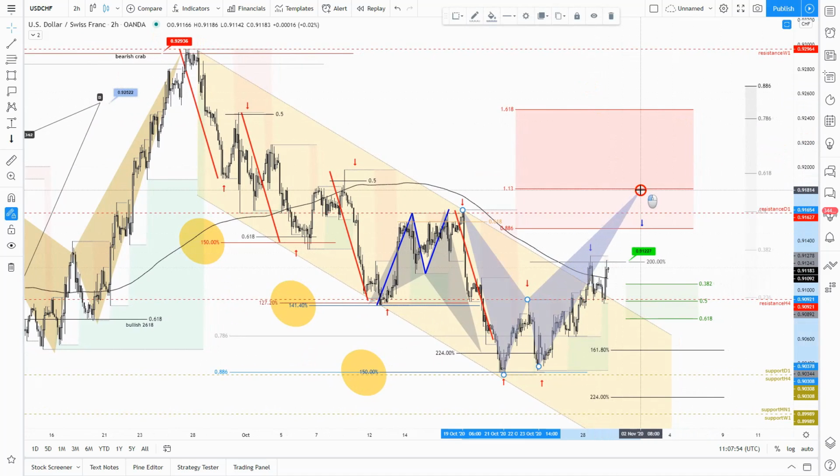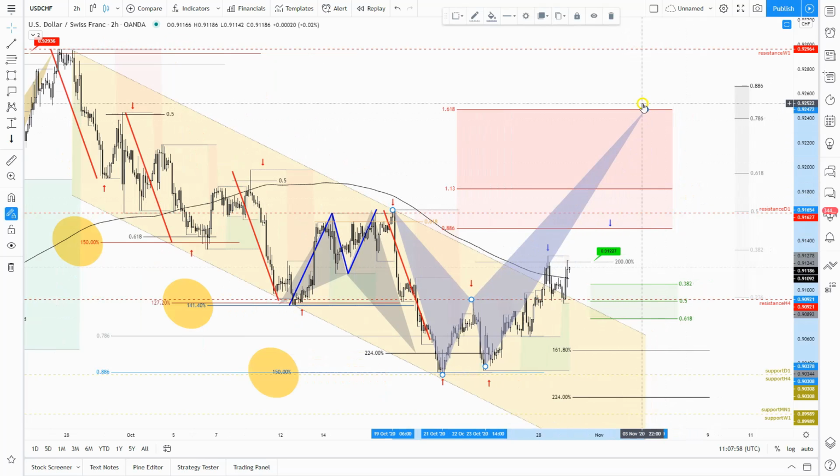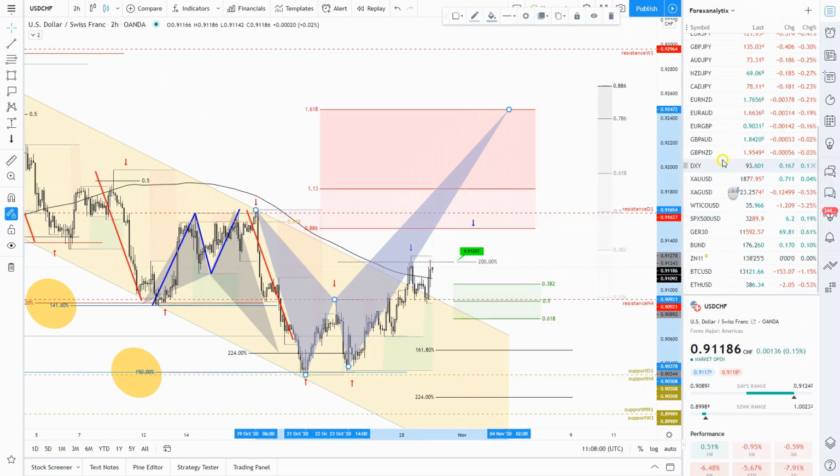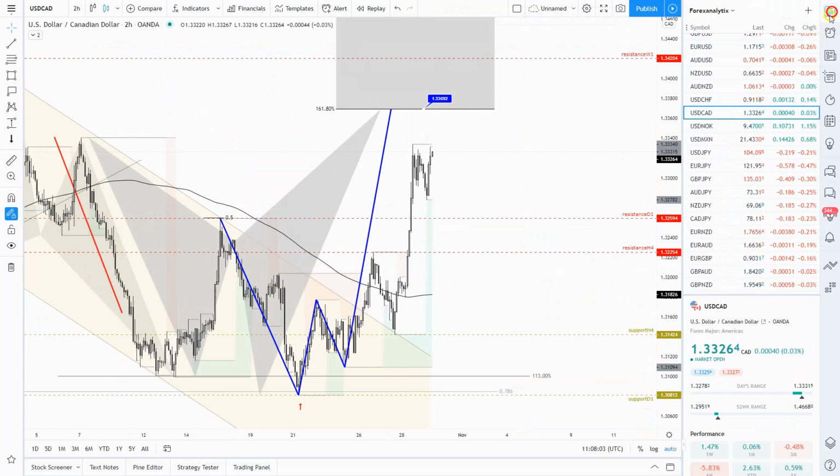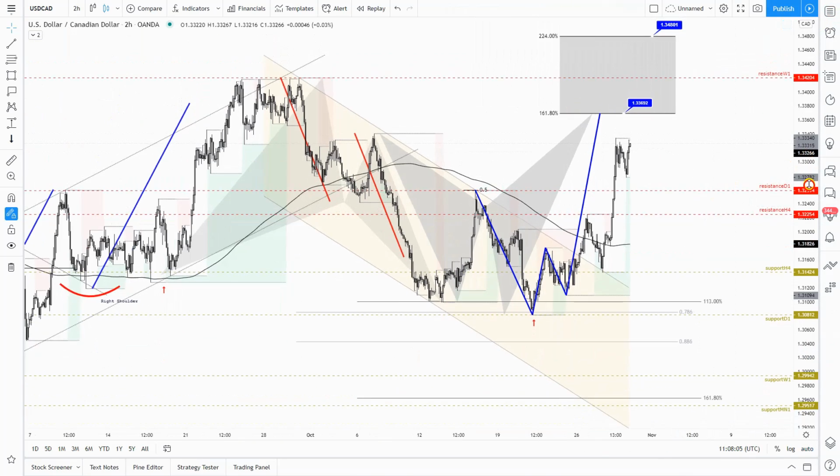Okay, attention with the violation of the daily fractal and the bearish crab pattern above. More. Canadian dollar also approaching the bearish sharp pattern at 161.